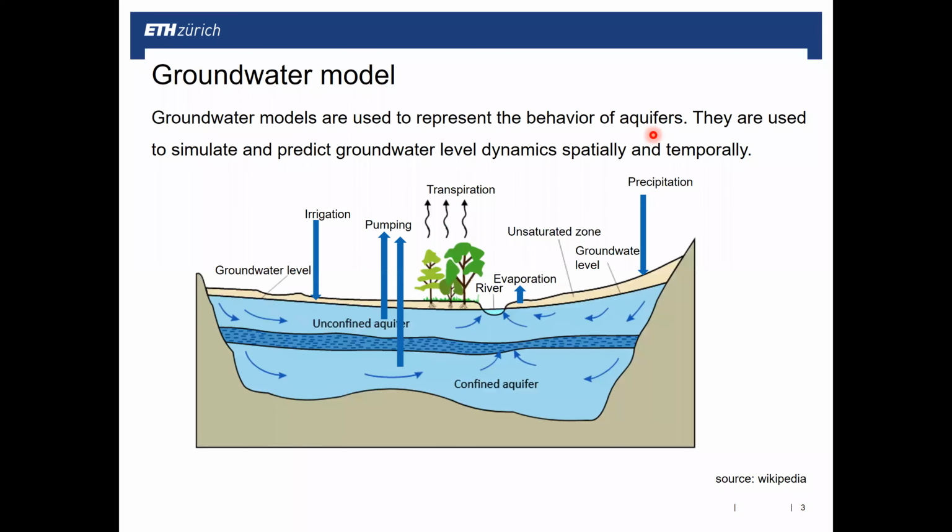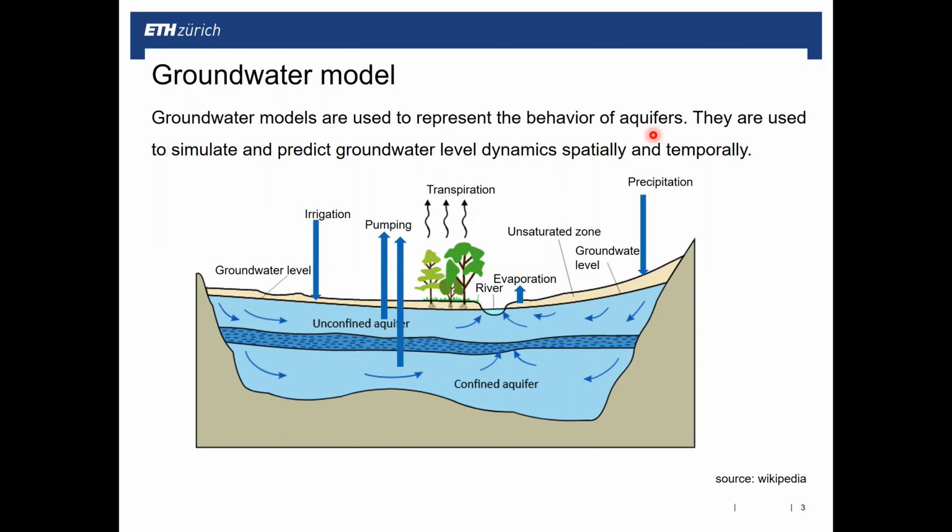Now, first, let's look at what a groundwater model is. Groundwater models are used to represent the real behavior of the aquifers. So we use numerical models to predict the groundwater level dynamics in time and space.